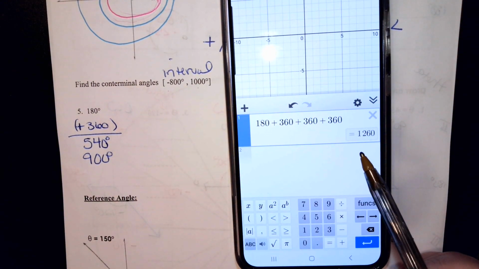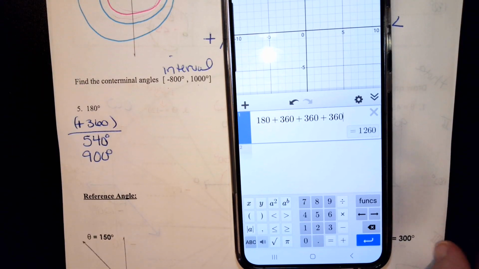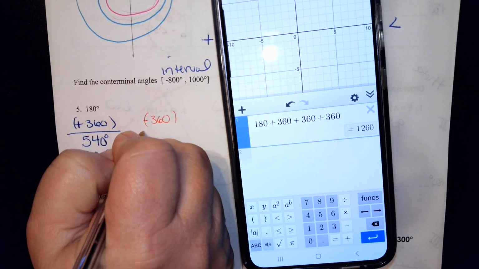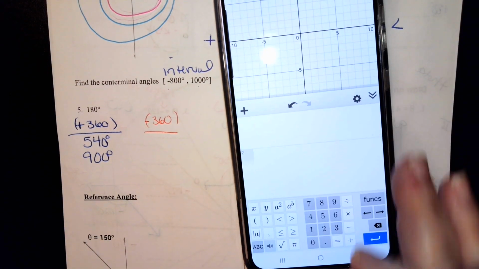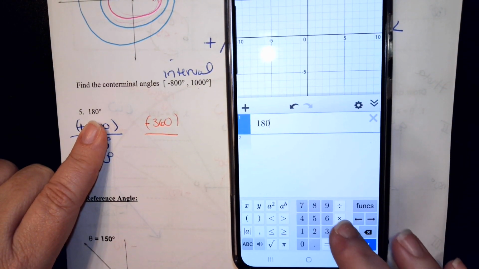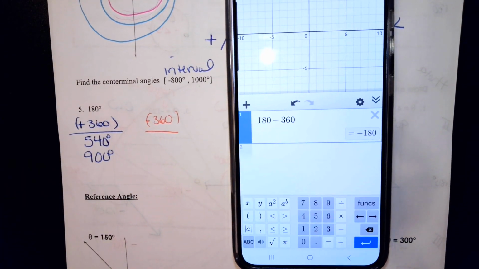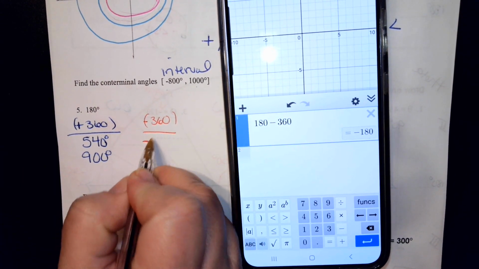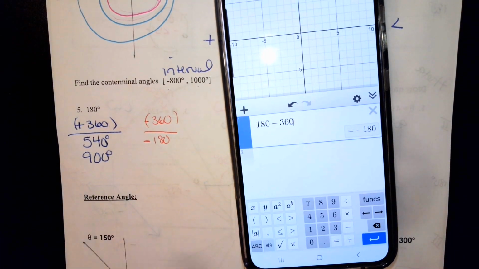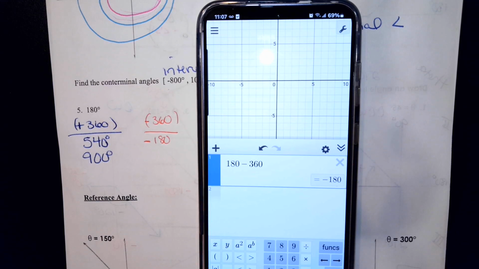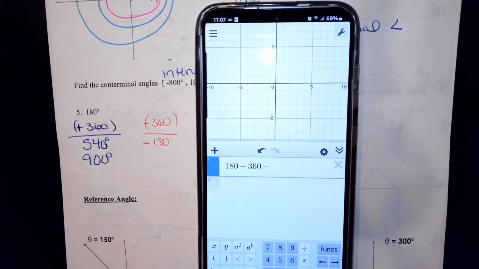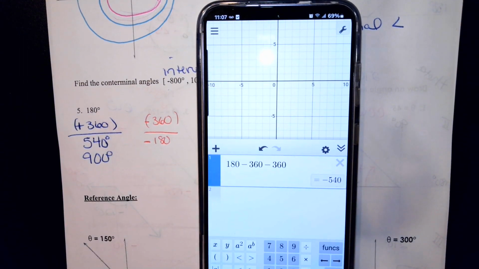So now that I can no longer add 360, let's see what we get when we subtract 360. Okay. So starting with my 180 again, so you always start with the angle that you're given, and I'm going to subtract 360, and I get negative 180. Alright, so then we're going to subtract 360 again, and we get negative 540.